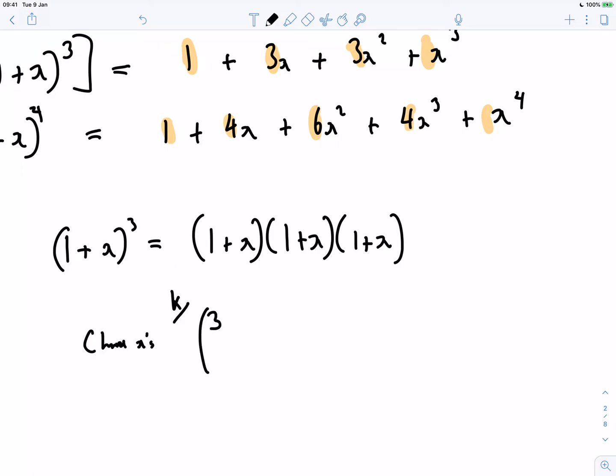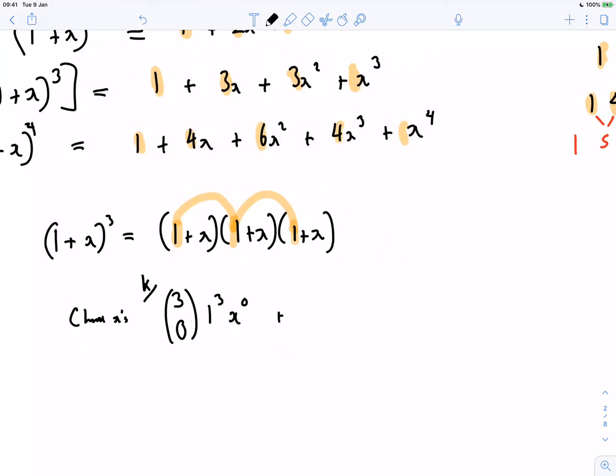So out of 3 brackets I want to choose 0 x's. And that's how many combinations it will be for the constants. And then the only way to get a constant is just going to be the 1 times the 1 times the 1. So that would be 1 cubed, and I'll have x to the 0 because I don't have any x's.